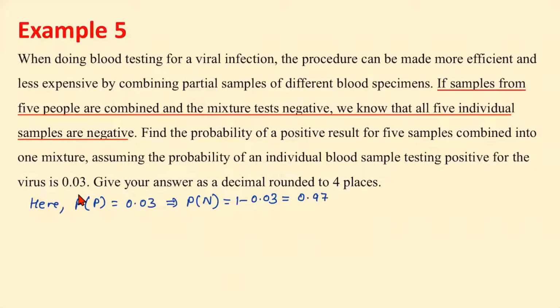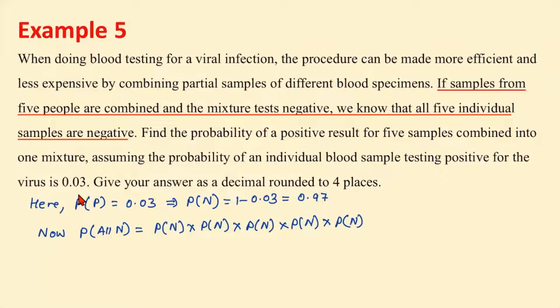Now let's see what the probability is that all 5 are negative. That is the probability that the first one is negative, the second one is negative, the third, the fourth, and the fifth one is negative.